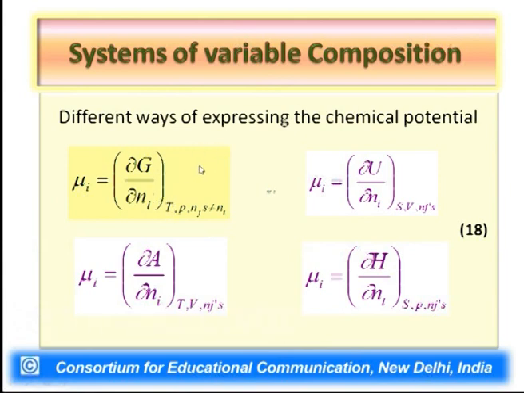It means, simply to say, that chemical potential can be expressed in terms of a number of extensive state variables, but it is only the Gibbs free energy for which temperature and pressure become the natural independent variables, and therefore it qualifies to be a partial molar quantity.